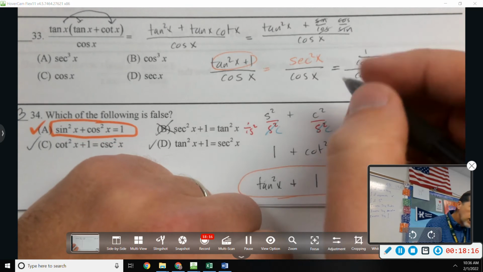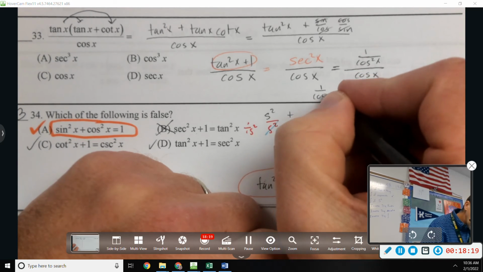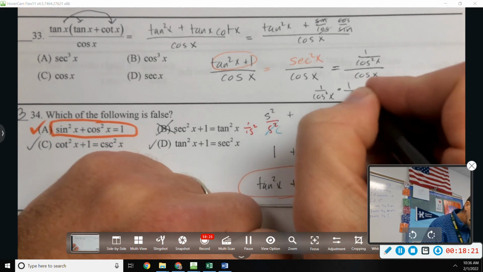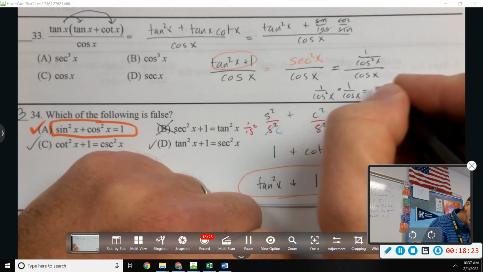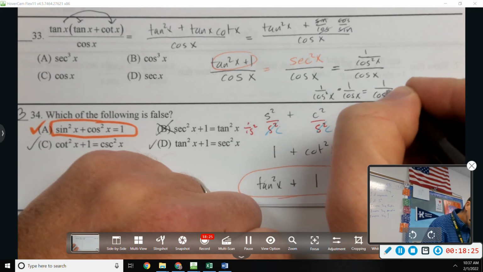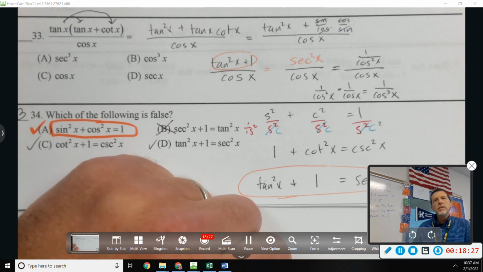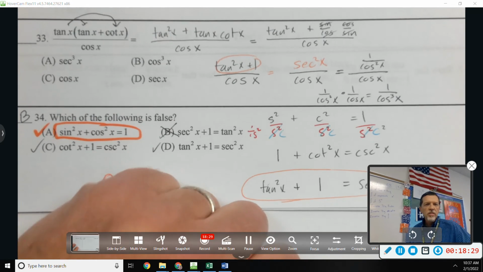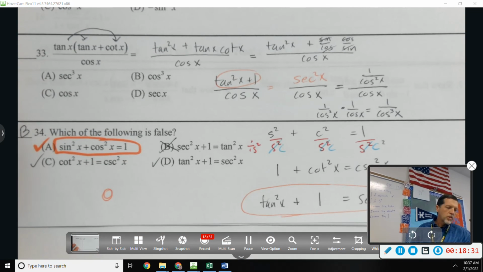If they're not, then you do keep it, change it, flip it. So you end up with cosine cubed in the bottom, which isn't an answer choice, but it's equal to which one of those answers? Secant. Yeah, 1 over cosine is secant.